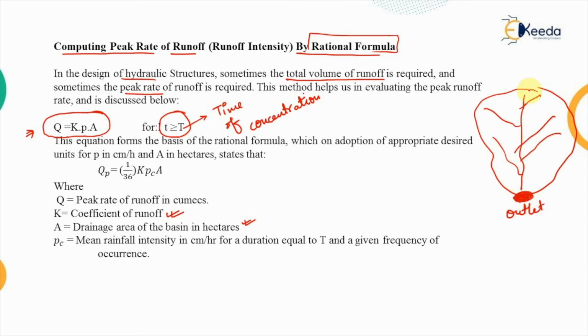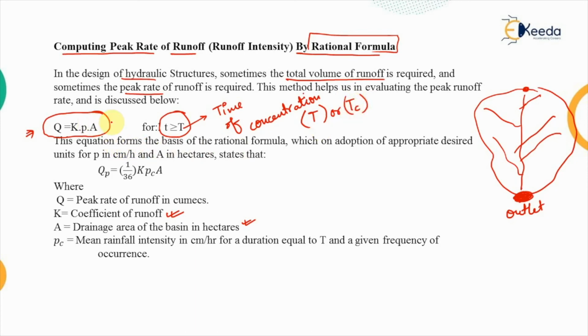So the time taken by the most distant water droplet to reach the outlet point is known as the time of concentration, which is denoted by capital T or capital TC. Both the notations are used.